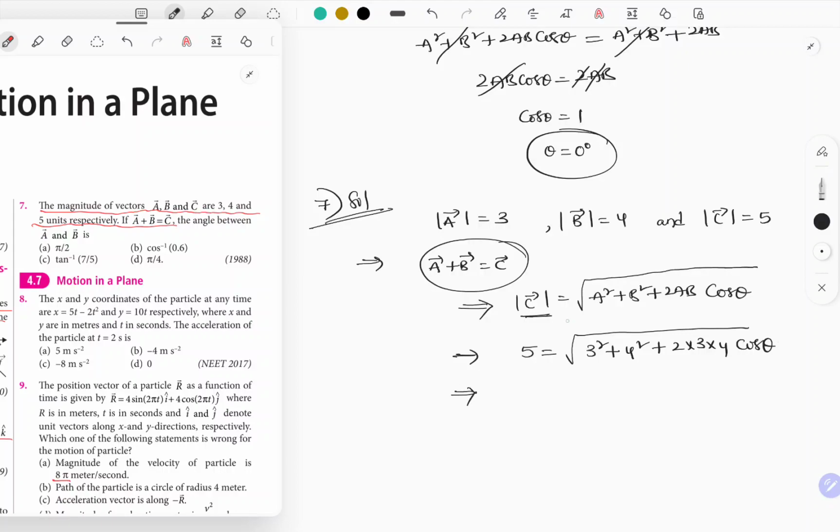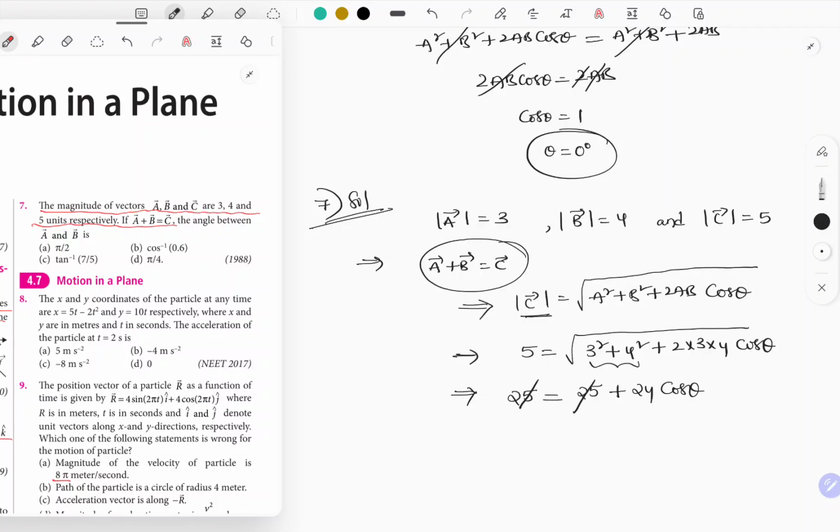Square on both sides. If you square on both sides, it is going to be 25 is equal to 3 square plus 4 square is going to be 25. 9 plus 16. So next it is going to be 24 cos theta. 25 will get cancelled out.